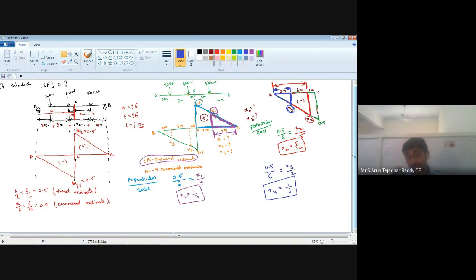Now the final shear force at C formula is: whatever the given load, it should be multiplied with the ordinate value. First of all, up to here, take a screenshot. Next, calculate shear force at C.